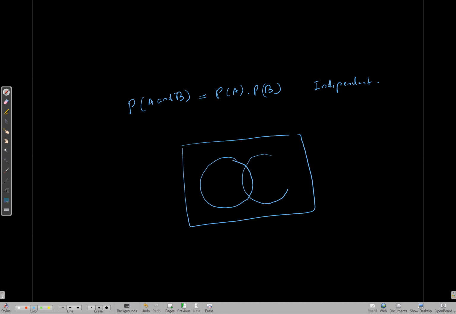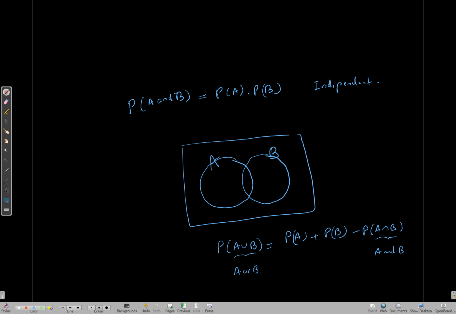The idea: if this is A, if this is B, P(A union B), that means A or B, is going to be P(A) plus P(B) minus P(A intersection B). This is actually A and B. This is the notation we use in the textbook.